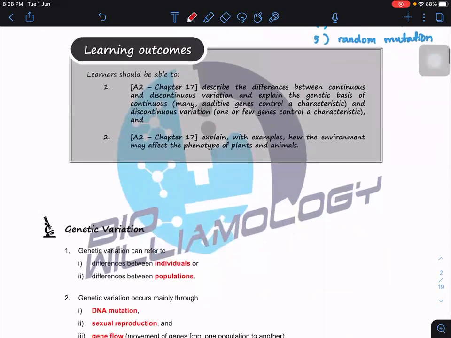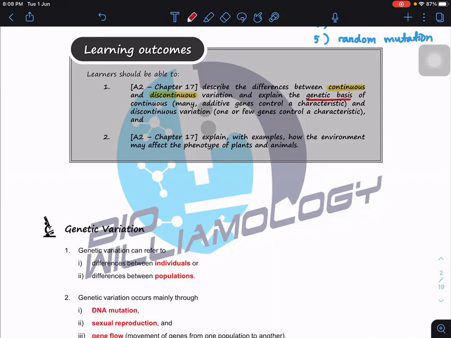Now let us look at our learning outcomes that we need to know here. We can categorize variation into 2 broad categories, which are continuous variation compared to discontinuous variation. We have these 2, continuous and discontinuous, and we're going to look at their genetic basis.